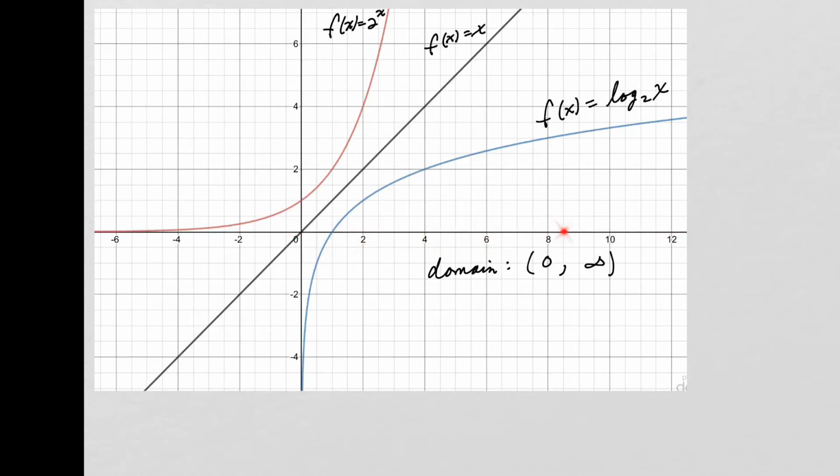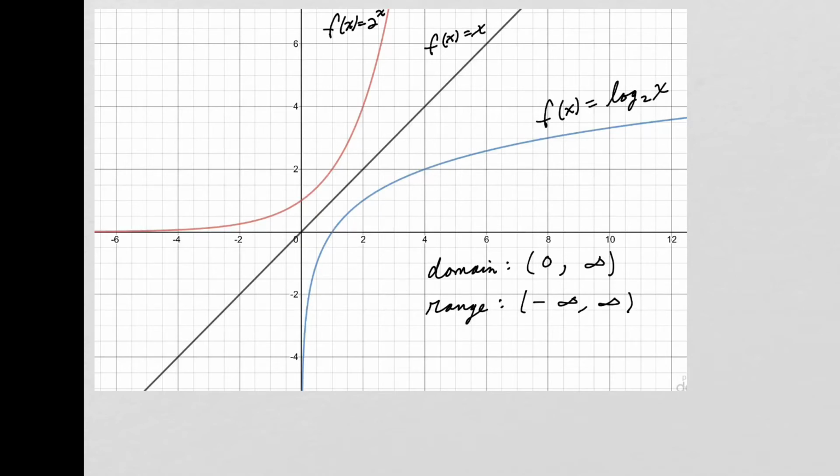So from 0, but not including 0, all the way to infinity. And then the range was all the possible output values, and that was all the real numbers. So the y could be from negative infinity all the way to positive infinity.